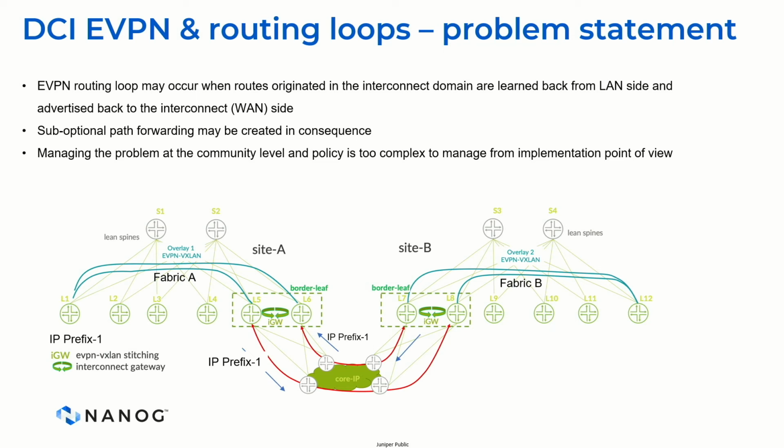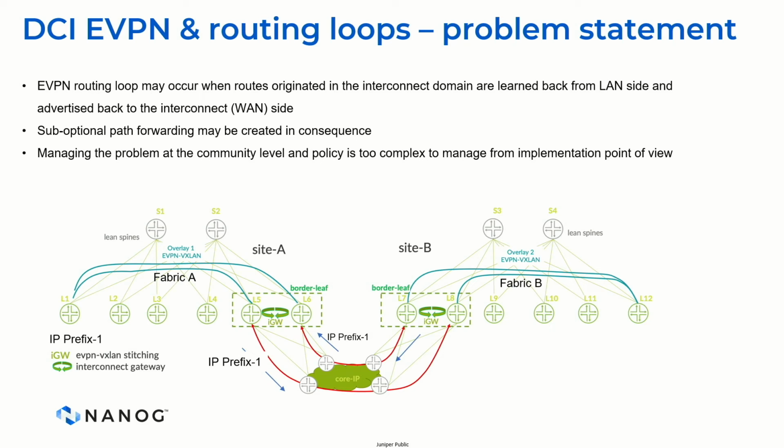So in order to simplify the way you control the origin of the IP prefixes or EVPN prefixes, the industry or the community came up with a new BGP attribute, which by default will block the prefixes with our own domain ID in the list of domain IDs. If we see our own domain ID, we'll drop that control plane advertisement.